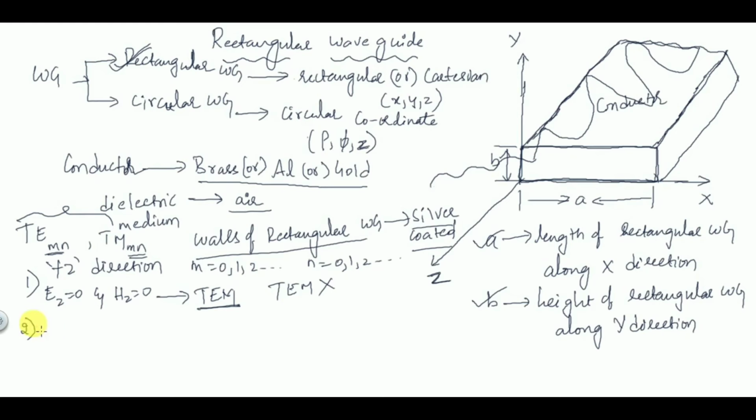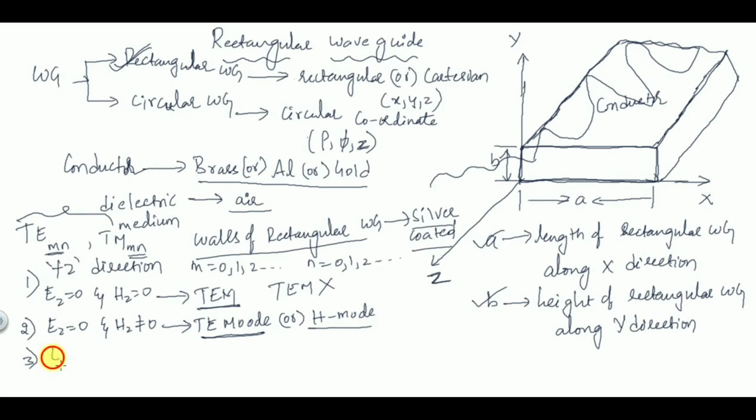Second, if Ez is equal to 0 and Hz is not equal to 0, then that type of mode is called TE mode, transverse electric mode, or H mode.